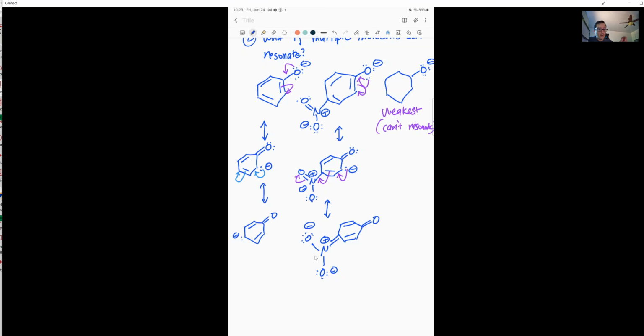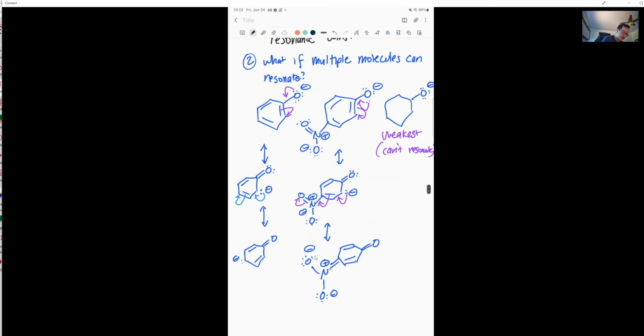I would say more important is better resonance. I will write that down here. So as a result, because this middle molecule has better resonance forms, or at least one better resonance form than the molecule on the left, this one will be our strongest. And then that means that this one is the middle.